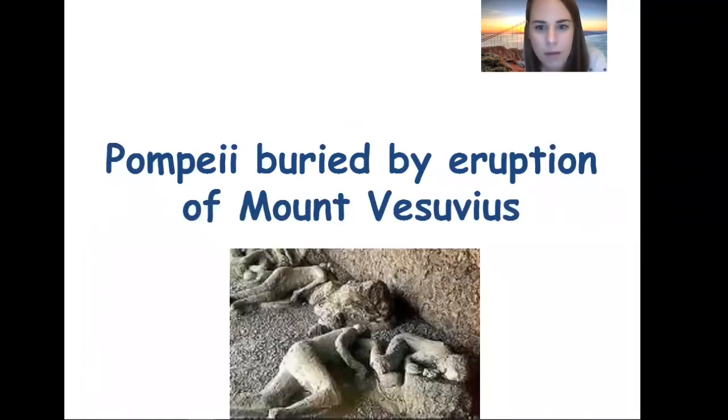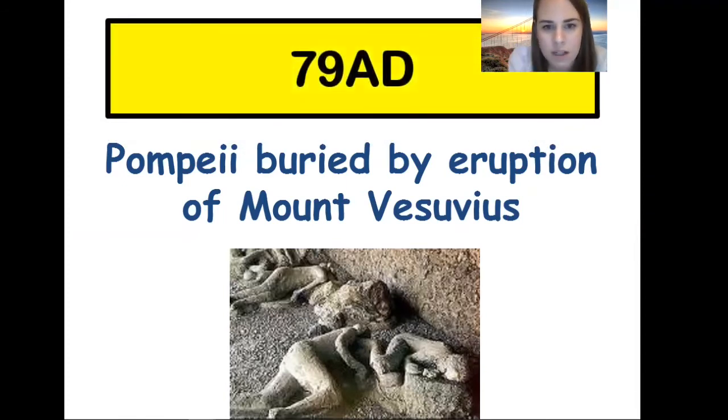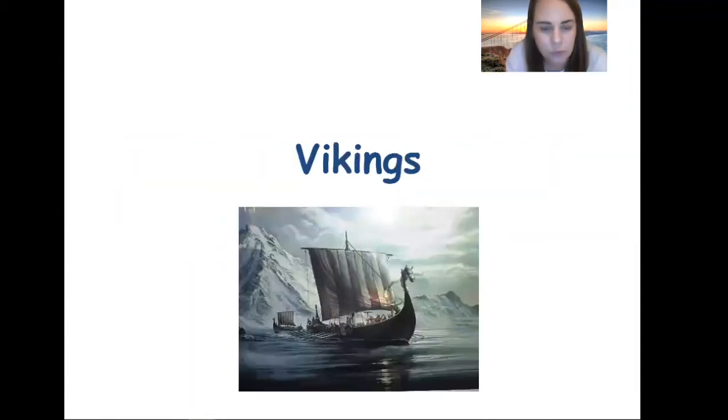Okay, Pompeii buried by eruption of Mount Vesuvius, 79 AD. I remember us learning about this before in year 3 when I had you all. We watched a long video and it was really good, of the eruption coming over Pompeii.